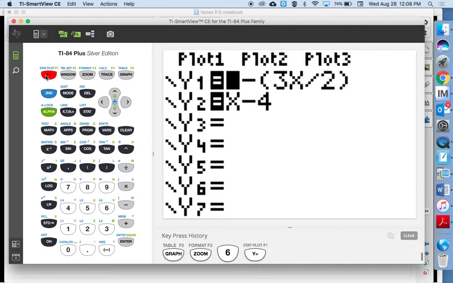the question in the packet says we want to show when y1 is greater than or equal to y2. So here's my y1. I need to switch this so that it says greater than or equal to. And that actually can change. So if you arrow over left past y2, you now get that little line to blink.